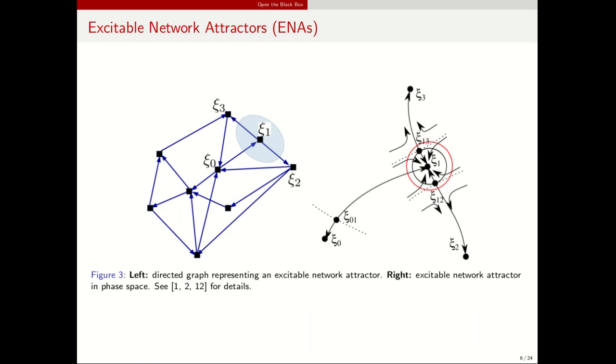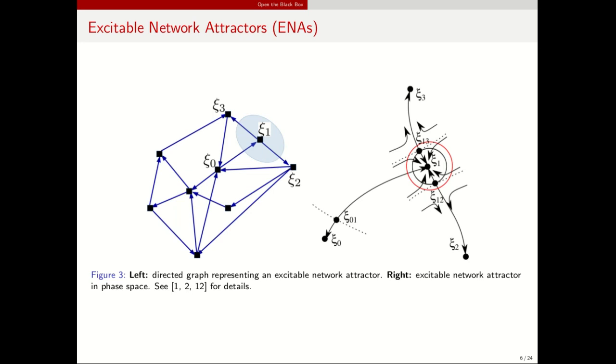So what is an excitable network attractor? An excitable network attractor is a global attractor that looks like a graph where nodes are local attractors, and the edges of the graph are the excitable connections between those local attractors.